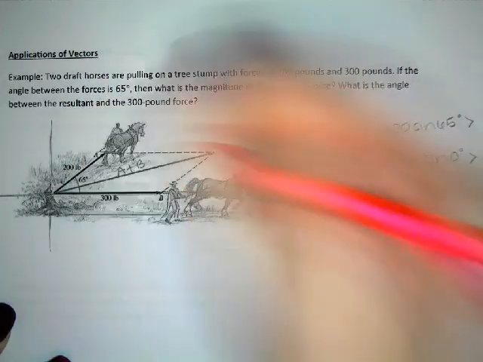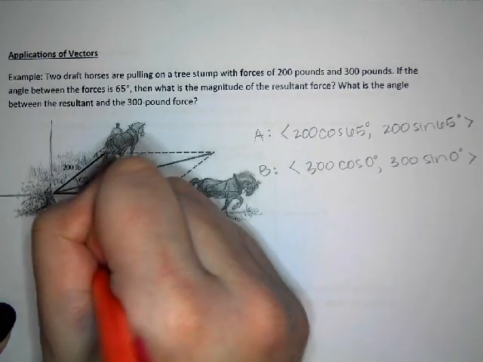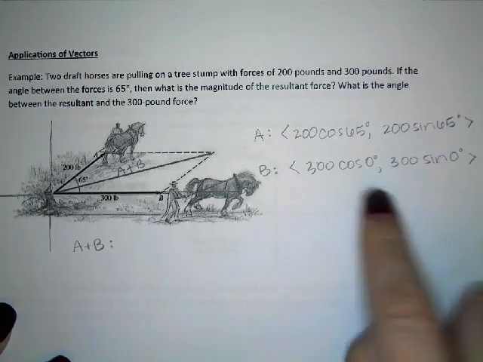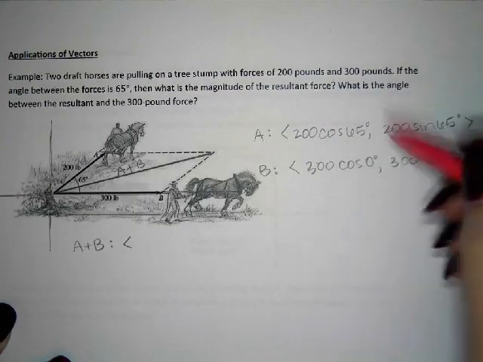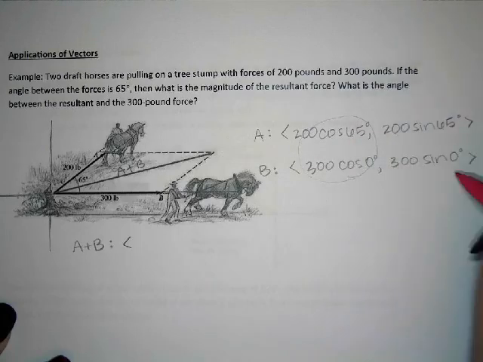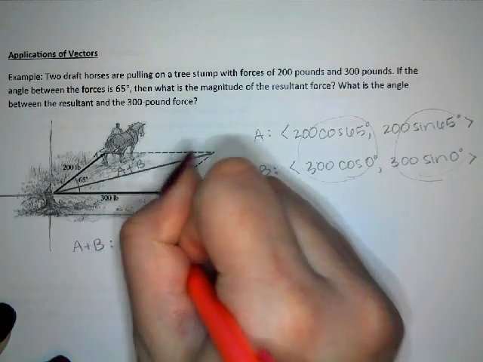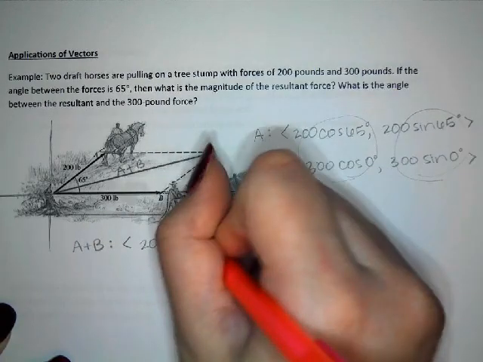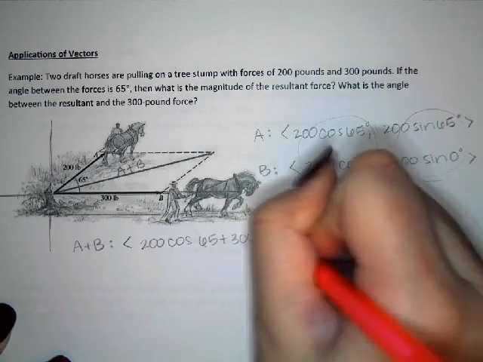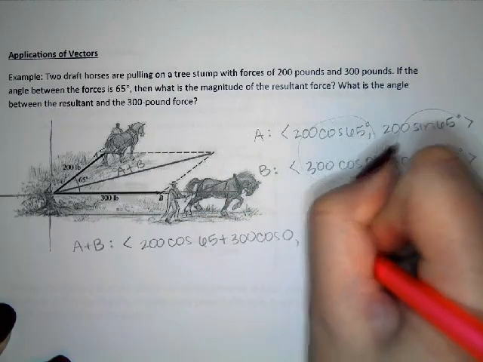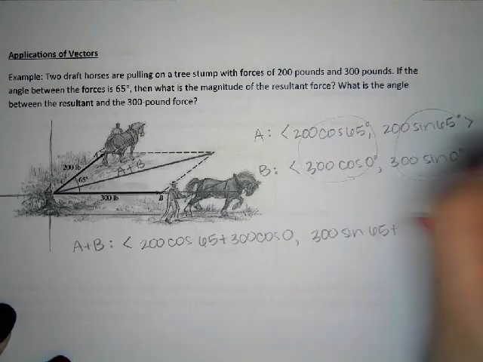So for the horizontal component, I'm going to add these. For the vertical component, I'm going to add these. So 200 cos 65 plus 300 cos 0, 200 sine 65 plus 300 sine 0.